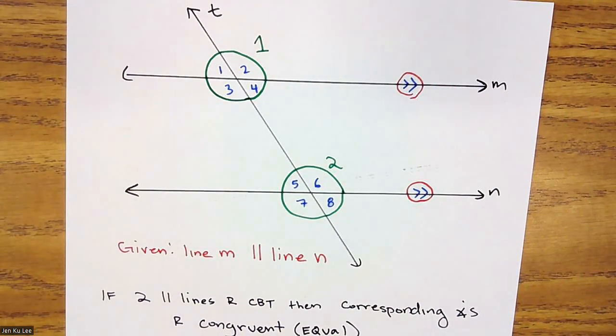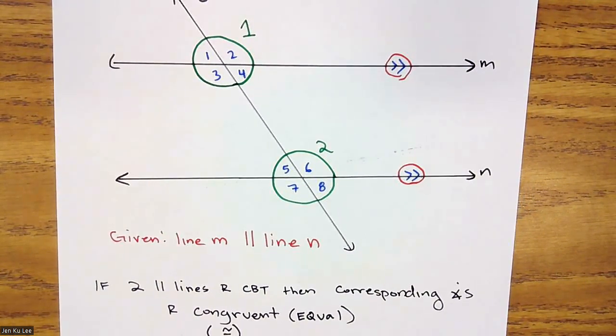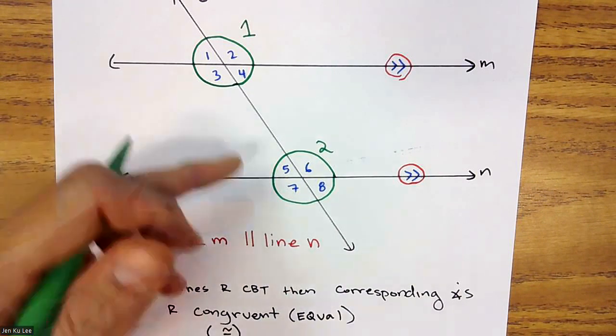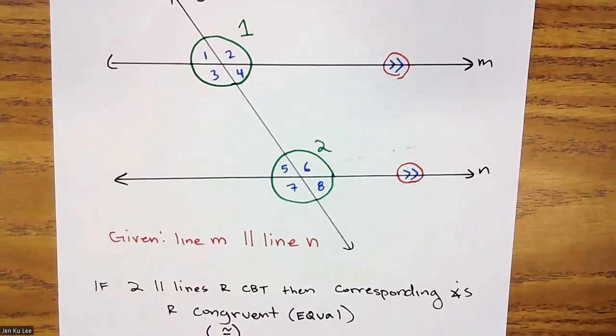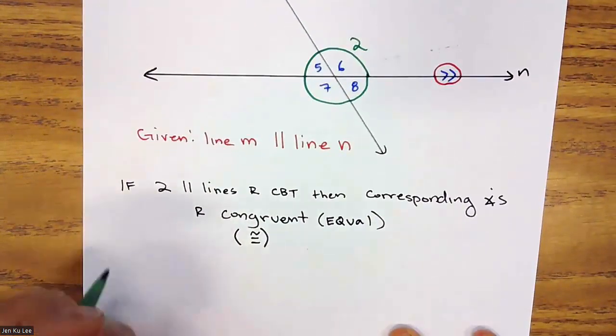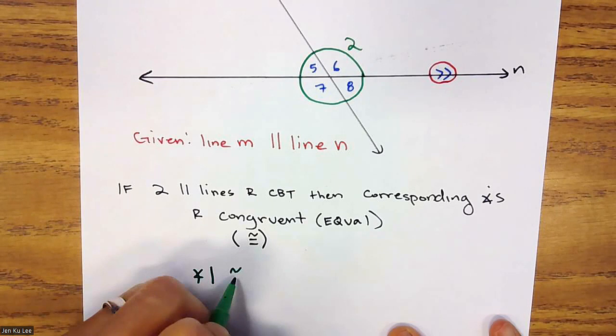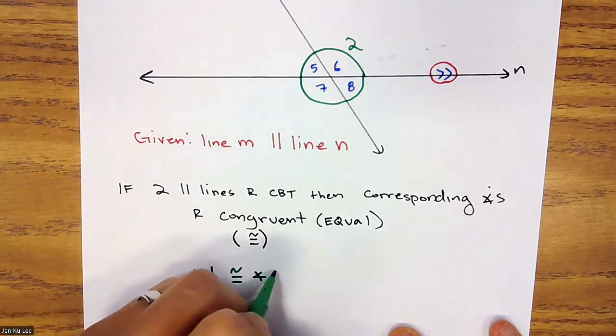So what do you guys think corresponding angles are? Give me one pair of corresponding angles. 1 and 5, yeah. So I know angle 1, using this rule, is congruent to angle 5.